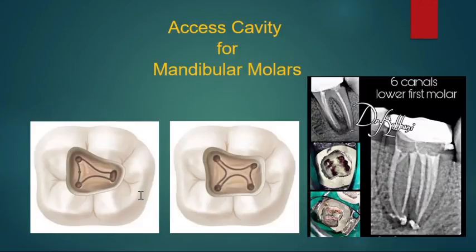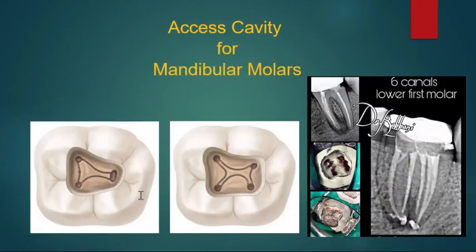So for the first molar, it can have three canals, four canals, five canals, or even six canals, like the X-ray below. Here is a retreatment case that I've done almost 3 years ago. When the patient came to the clinic, he had swelling and pain, and on X-ray, I was able to detect four obturated canals.